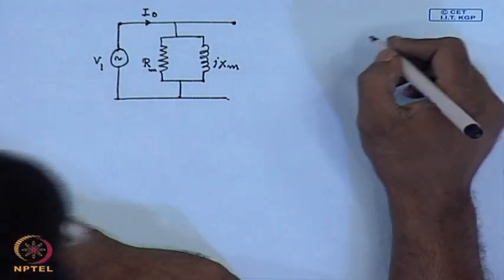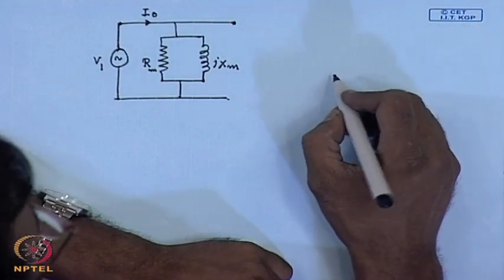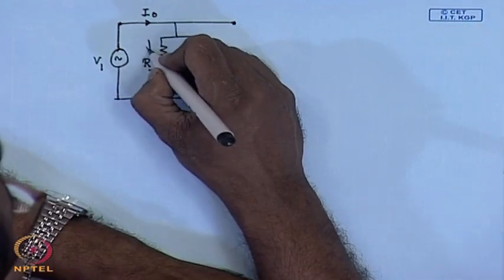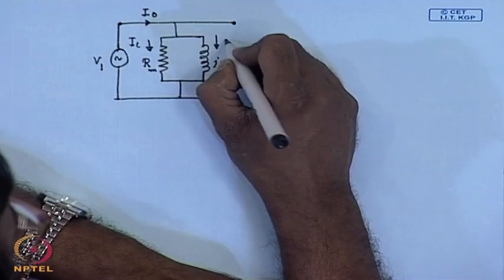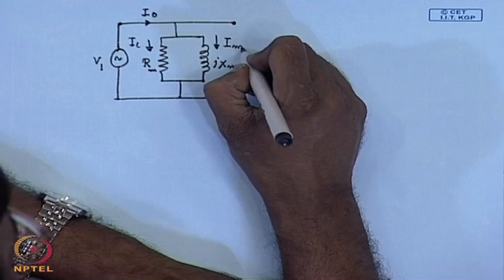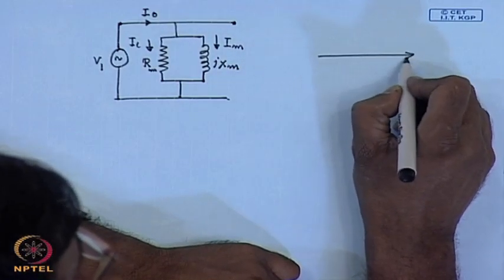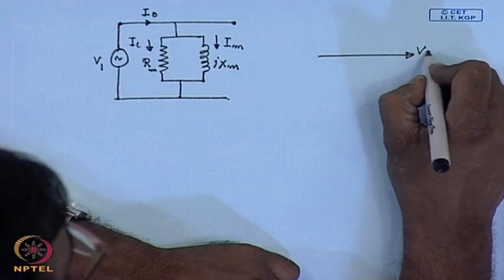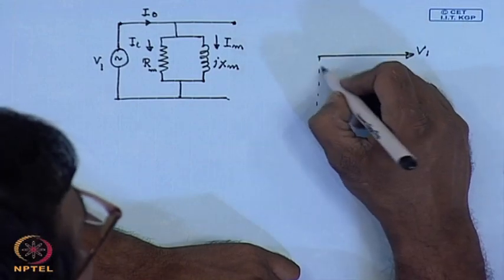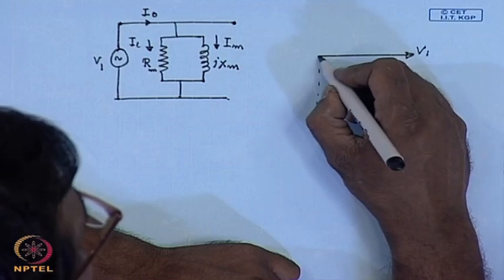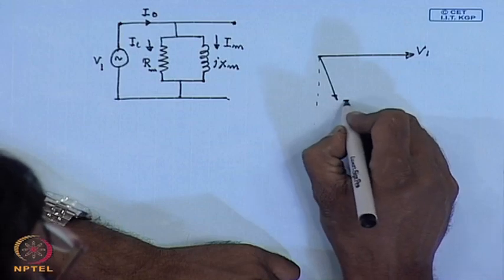So, if I draw the phasor diagram, then this is V1, this is the no load current I0.